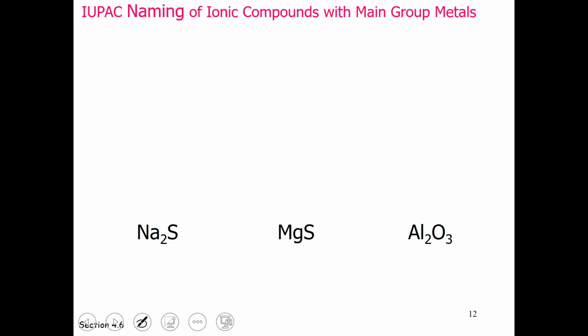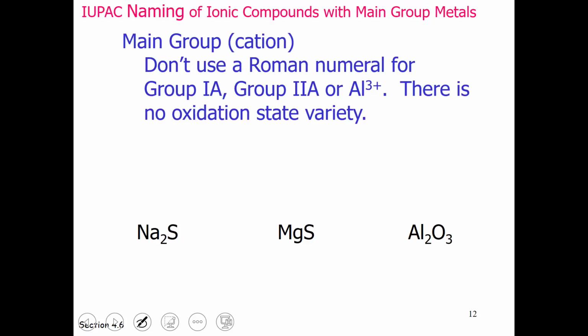All right, now it's time to put an entire ionic compound together. So first we're going to start with the main group metals, which are group 1, group 2, and essentially aluminium. For a main group cation, we do not need to specify the oxidation state with a Roman numeral.